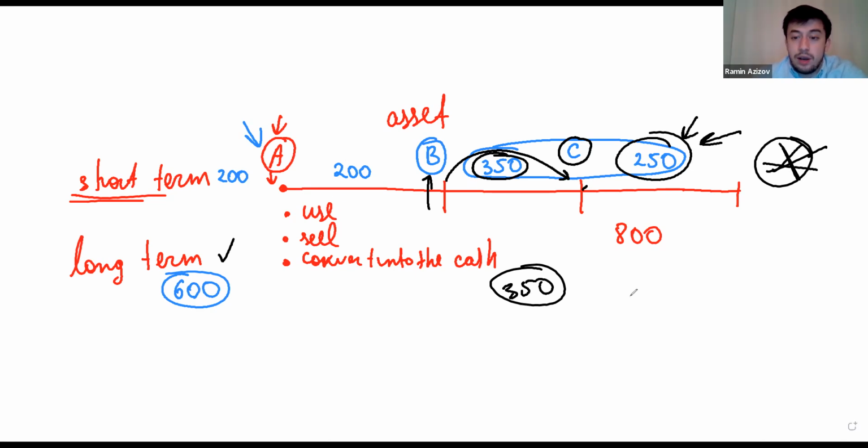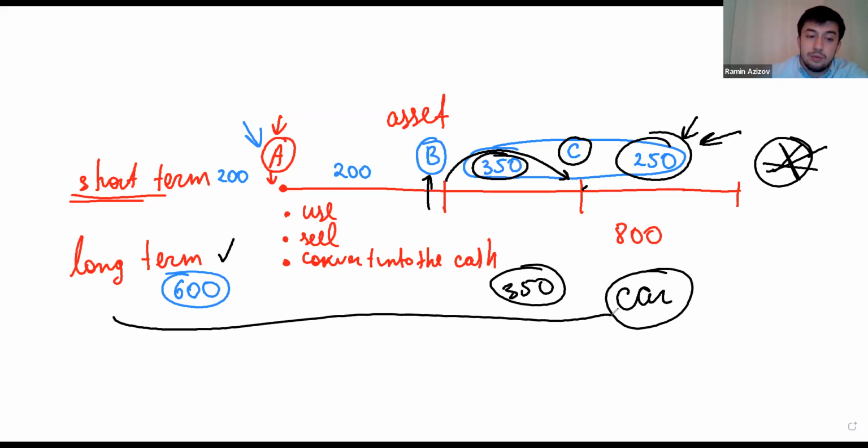For example, the car. The car is my long-term asset. Why? Because I had an intention to use that car for more than one accounting period. It's not necessary whether there is only 1 year left or 2 years left to the end of the useful life of the car. It depends on your intention.